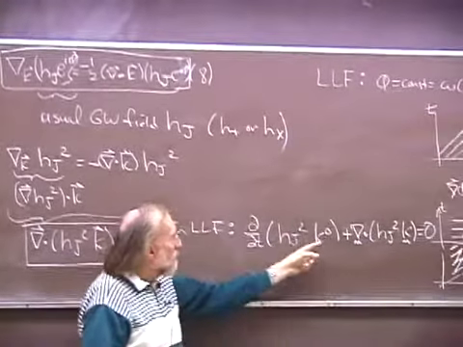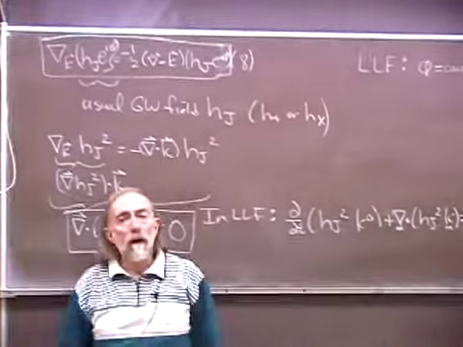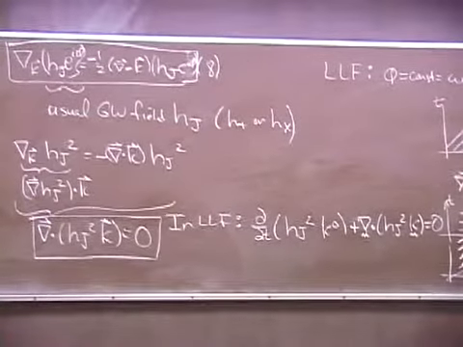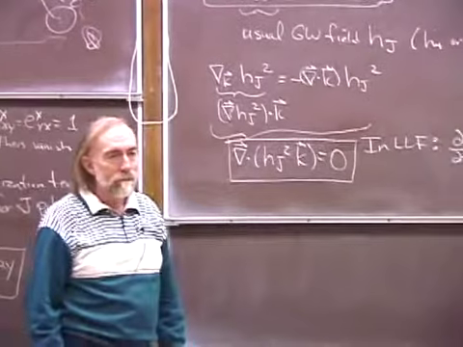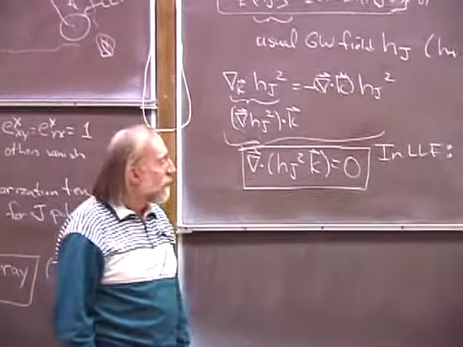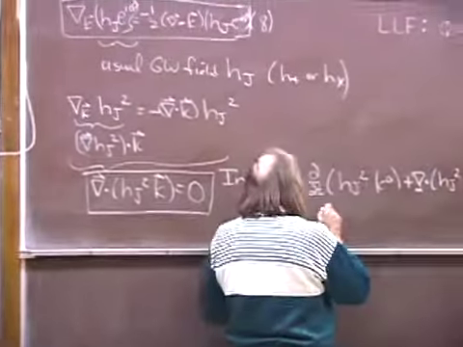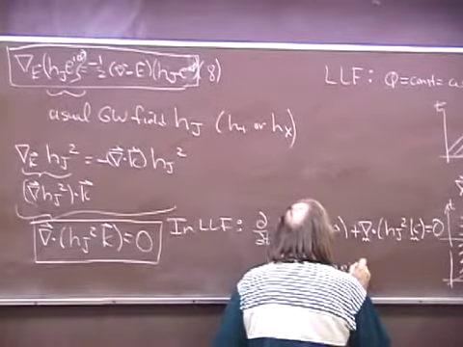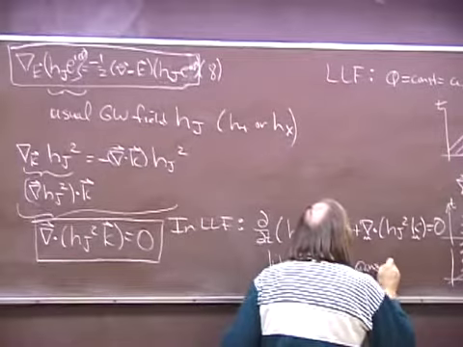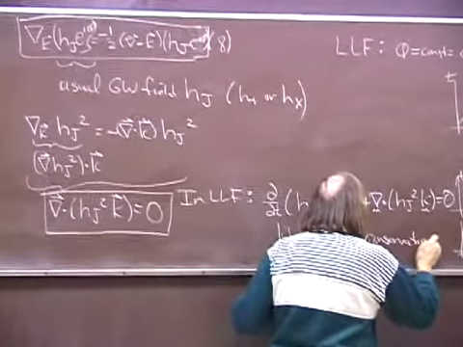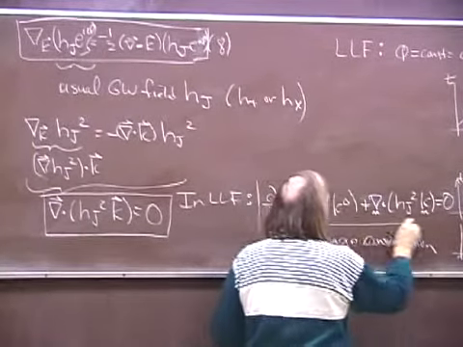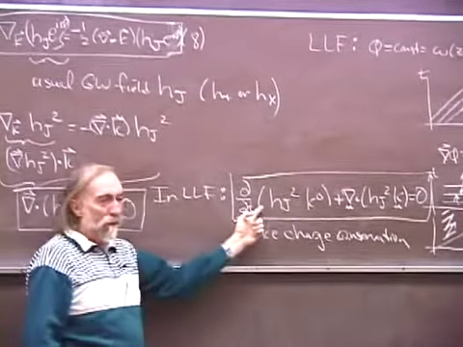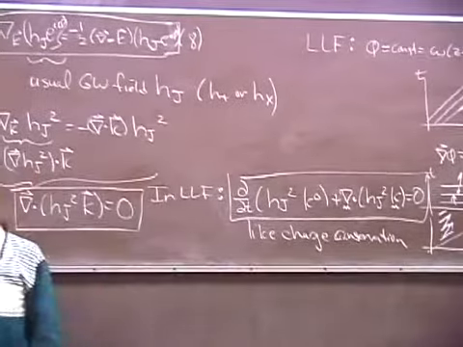And you recognize this as the same conservation law as you have for electric charge in electromagnetism. So that's like charge conservation. This is the 4-vector form. This is the 3 plus 1, that is when you split up into space and time.